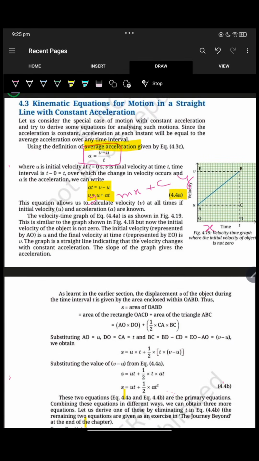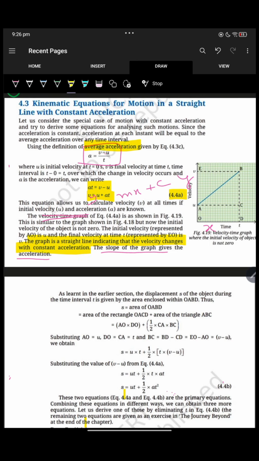So from the velocity time graph, we can see that the slope of the line gives acceleration. The slope of the graph gives acceleration in a velocity time graph. And the graph is a straight line, indicating that the velocity changes with constant acceleration.